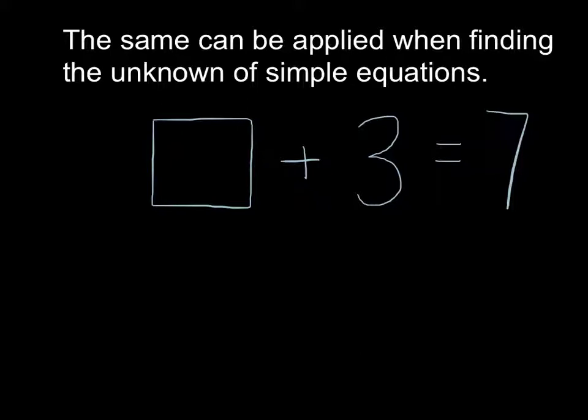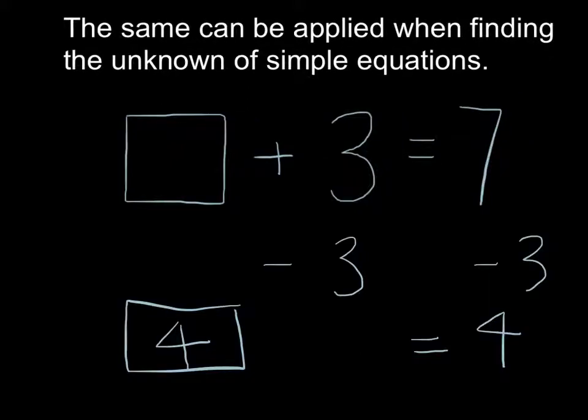This is asking us to balance the equation. We know 7 is our total. What can we put here to balance the equation? The equation remains balanced when we subtract 3 from this side and we do the same to the other side.